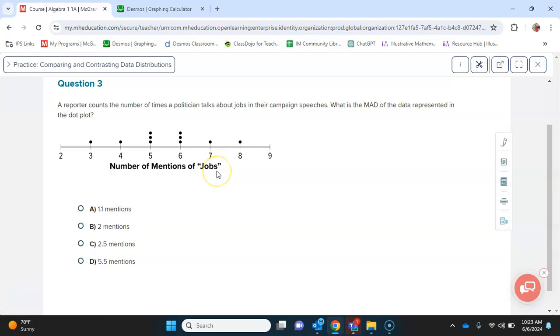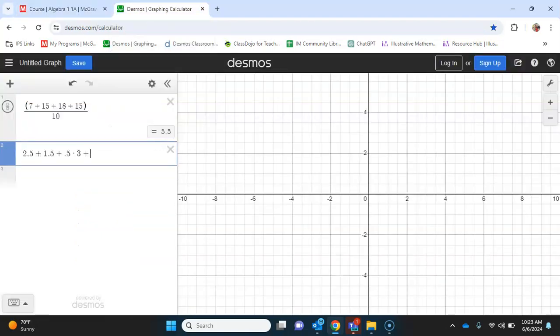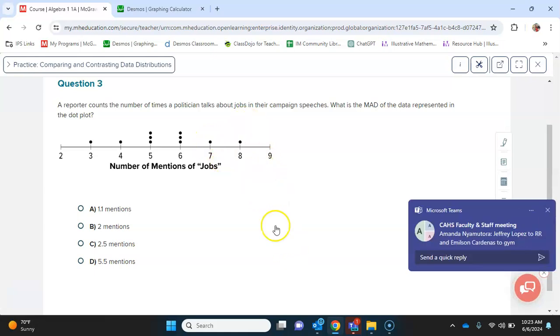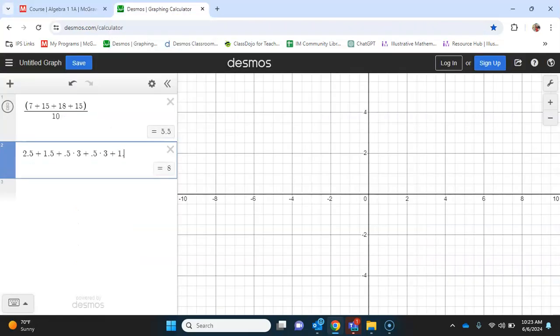Okay, now we're starting to go to the bigger numbers. So 6 minus 5.5 is 0.5 again, times 3. And 7 minus 5.5 is 1.5.